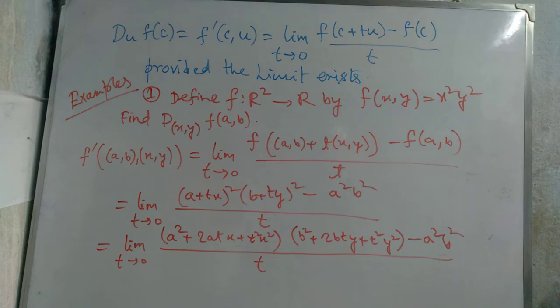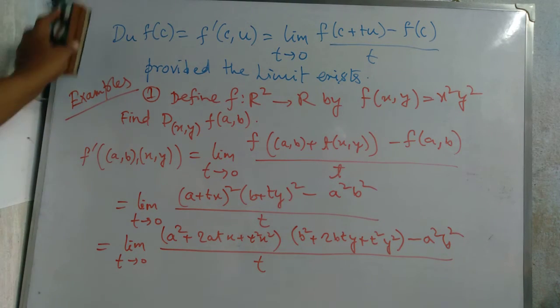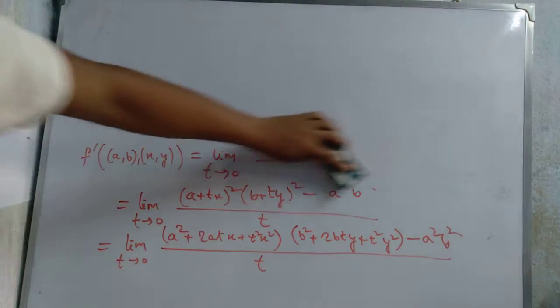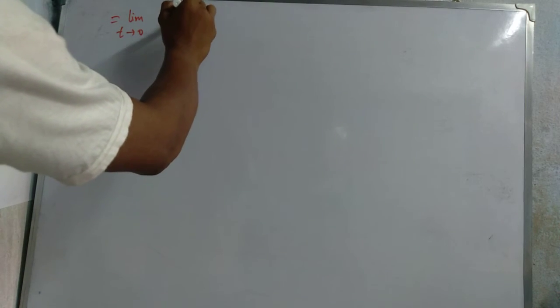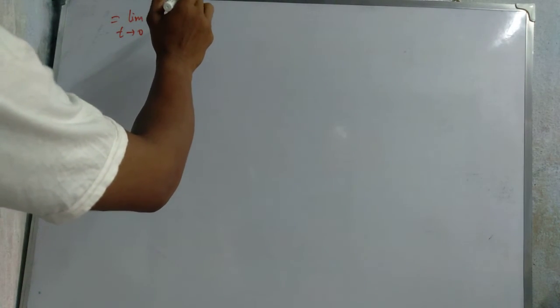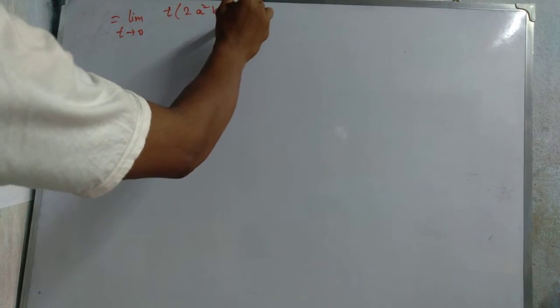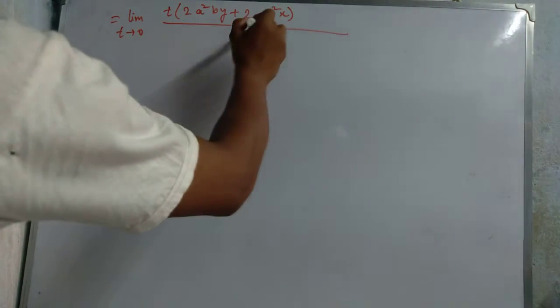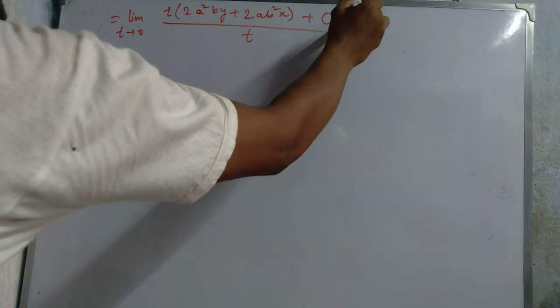Then this equals limit t tending to 0 of t multiplied by (2a square by plus 2ab square x) divided by t, plus terms of order t square.